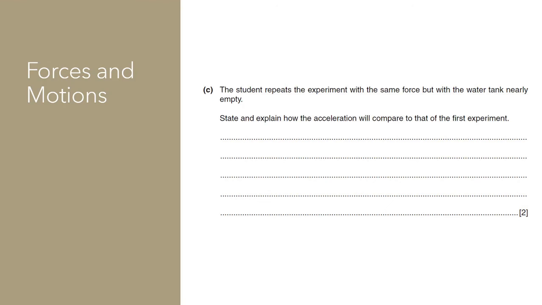Please remember, in the first experiment, the water tank is full. So in the first experiment, the model has larger mass compared to this one. So we now will compare the two masses to find which one has a greater acceleration.